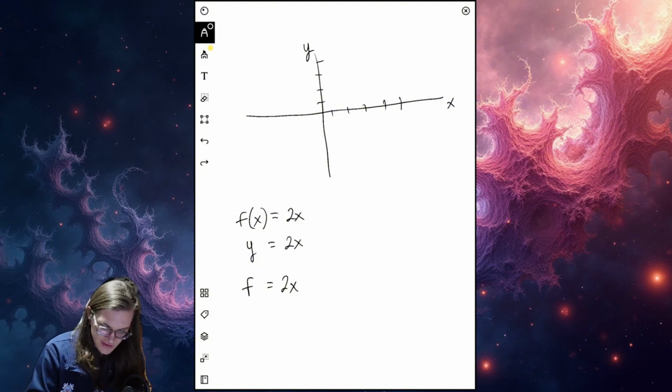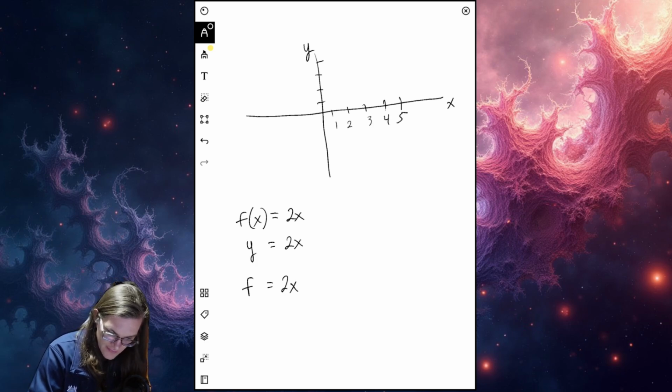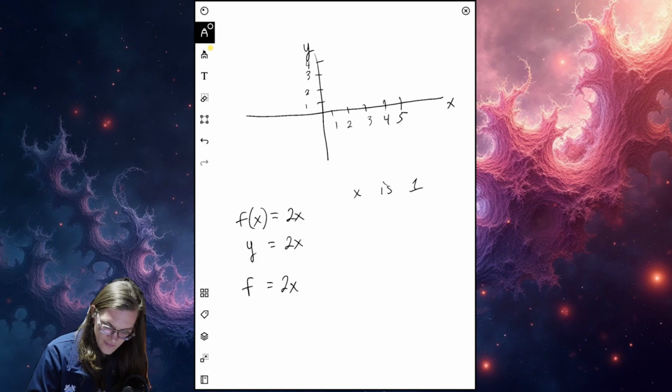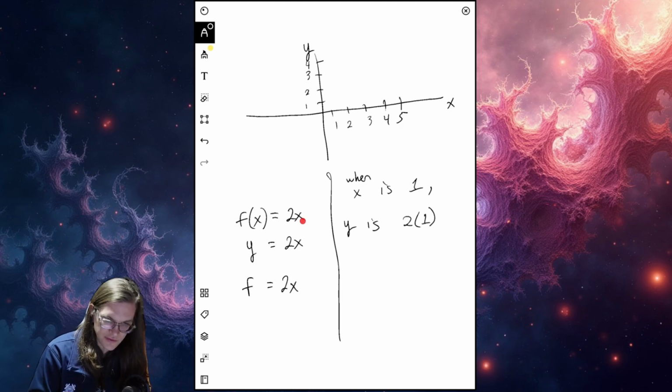So for this function f of x, 2x, let's say this is 1, 2, 3, 4, 5, and this is 1, 2, 3, 4. I might add some negative numbers, we'll see. If this is the function that we're looking at on this graph, then when x is 1, y is 2 times 1, 2 times the x, so y equals 2.